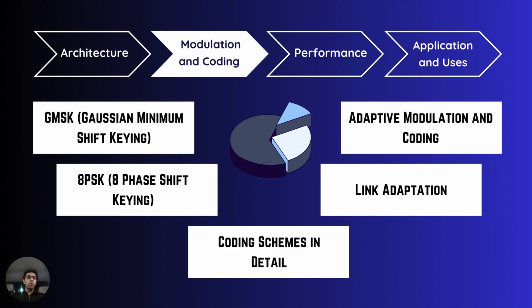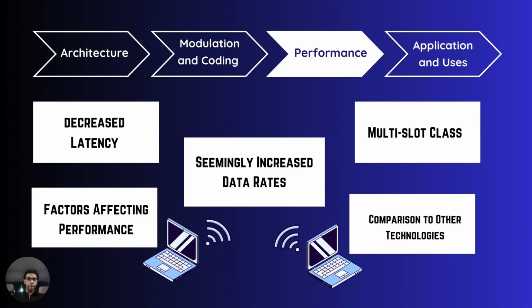EGPRS introduced adaptive modulation and coding based on channel conditions, and it also introduced link adaptation for optimal performance, and that's why we can see the modulation bit rates being much higher than usual.